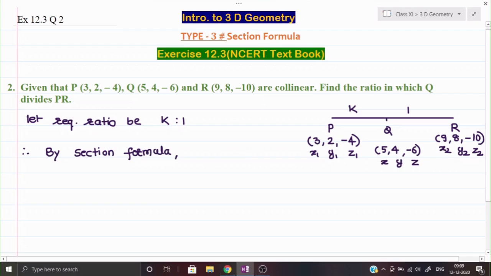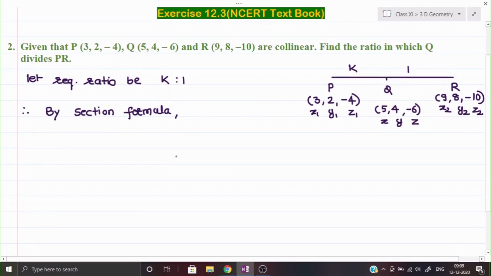Okay, however we have scope for all three coordinates, but since we are only interested in finding the value of k, that may come with the help of only one coordinate. So suppose I apply for the x coordinate, so x is equal to mx2 plus nx1 whole divided by m plus n. Okay, so let us apply the formula and put in the values.